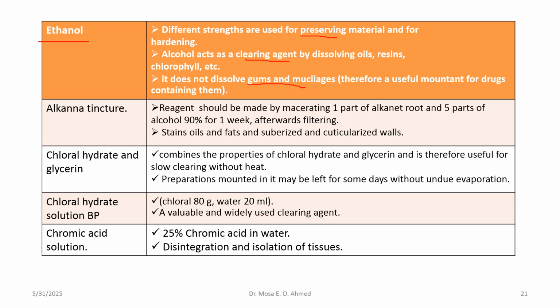So it is a suitable agent if you need to visualize gums and mucilage, to add ethanol because it removes other material and leaves gums and mucilage as they are.